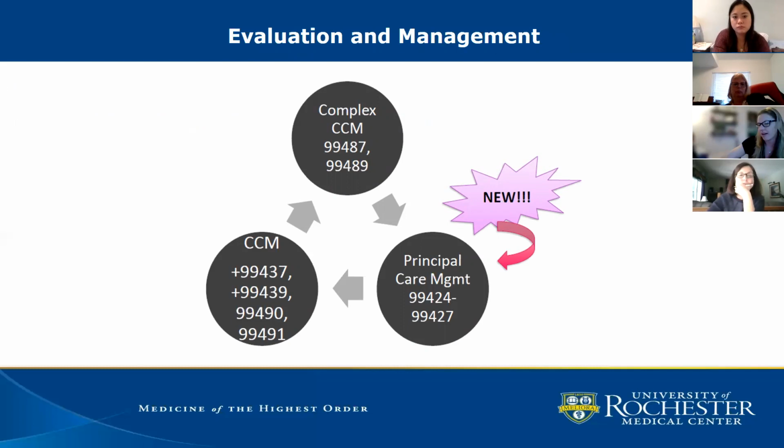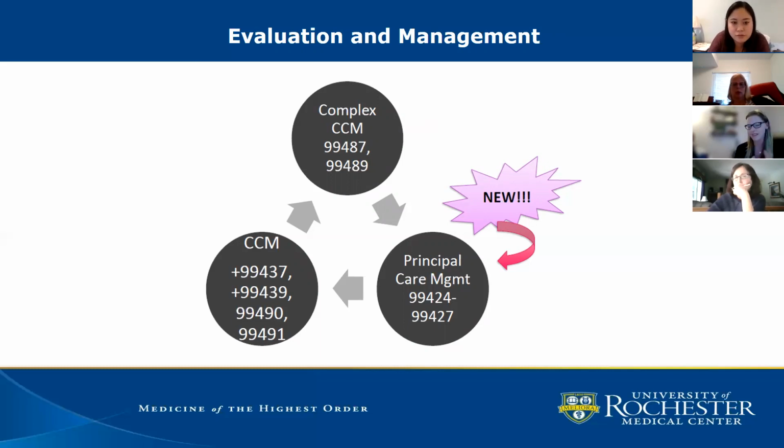The next area in our E&M is complex care management and chronic care management. They're not necessarily new concepts, but the principal care management piece is. Chronic care management and complex care management require care of at least 2 or more conditions.